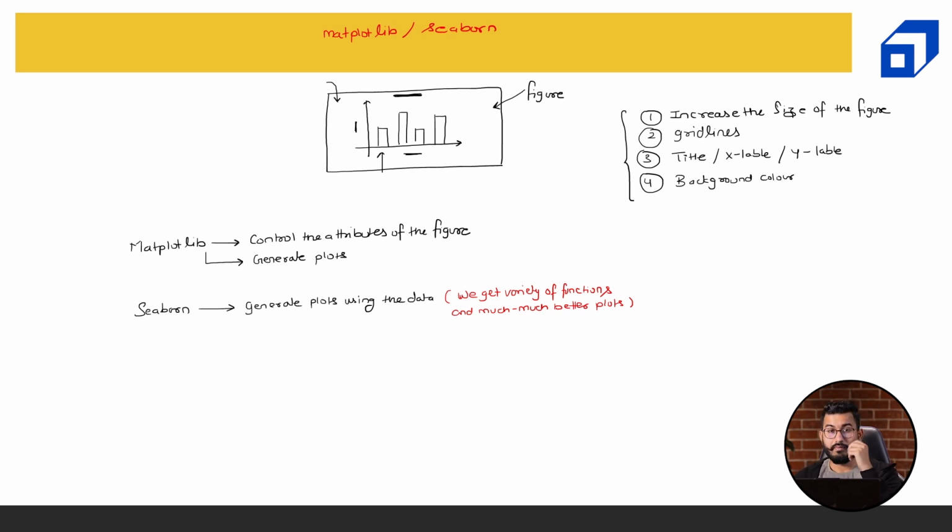But if my objective is to change anything in the background or change anything in the figure, then we use Matplotlib. So with Matplotlib, I use it for controlling the attributes of the figure.